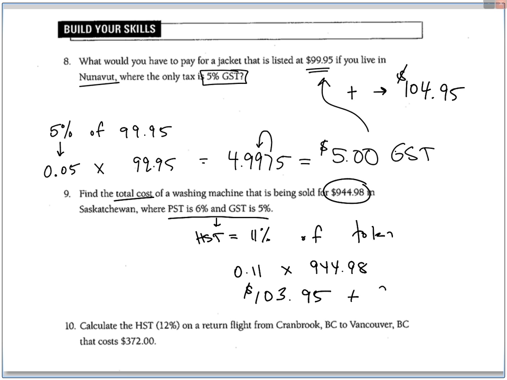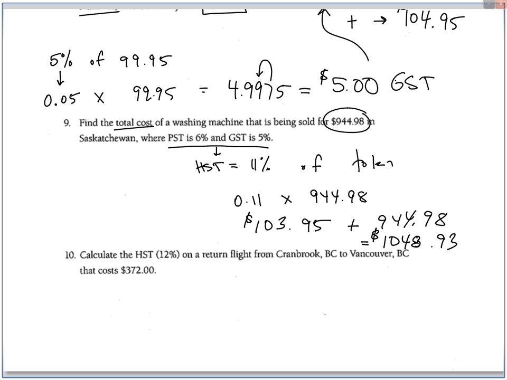Okay, so add that to your original price and you'll get the total cost. So after rounding, 1,048.93. Make sure you put dollar signs and 2 digits for your cents. Okay, so you need always 2 digits for the cents and a dollar sign when you're doing money questions.